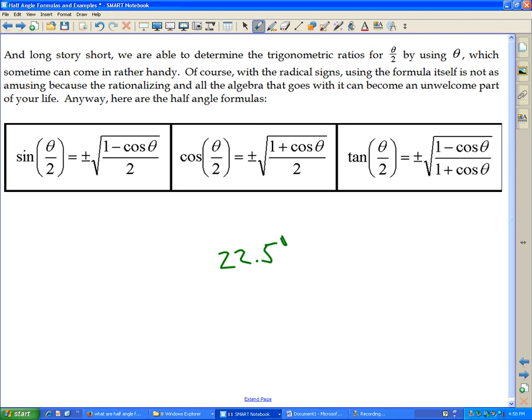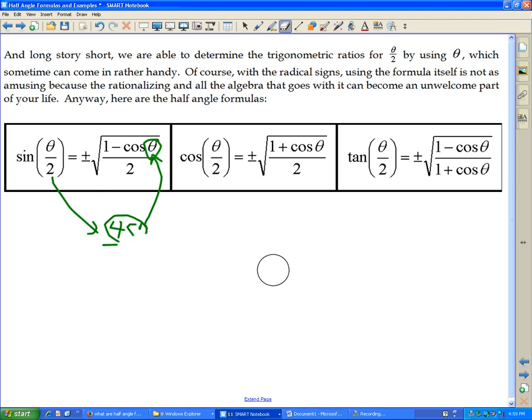But if I doubled 22.5 and rewrote it as 45 degrees divided by 2, now it's written as a half angle, and I could base my ratio on 45 degrees as the theta value, and I know what cosine of 45 degrees is. And so that's kind of how we use them.